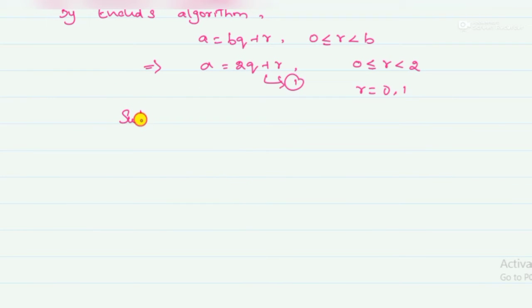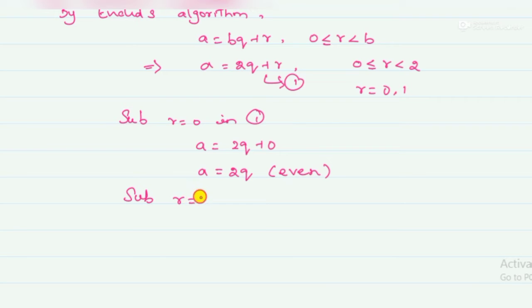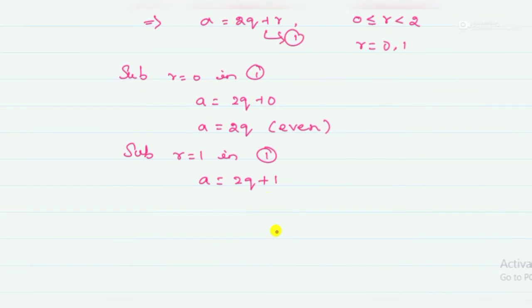Let us substitute r value as 0 in equation 1. So a equal to 2q plus 0. It will give you 2q. Any number multiplied by 2 will be an even number. So a equal to 2q is an even number. Now substitute r equal to 1 in equation 1. So a equal to 2q plus 1.